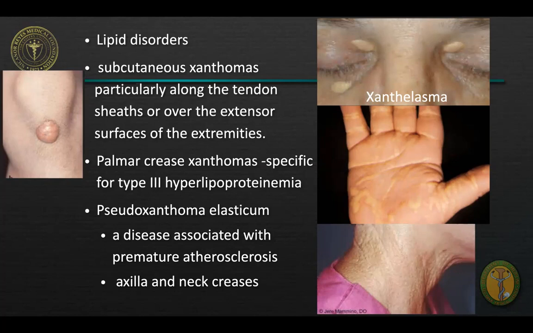Palmar xanthomas are specific for type 3 hyperlipoproteinemia. And lastly would be pseudoxanthoma elasticum, which is a disease associated with premature atherosclerosis. This can be seen as a leathery, cobblestone appearance of the skin in the axilla and neck creases and by angioid streaks.